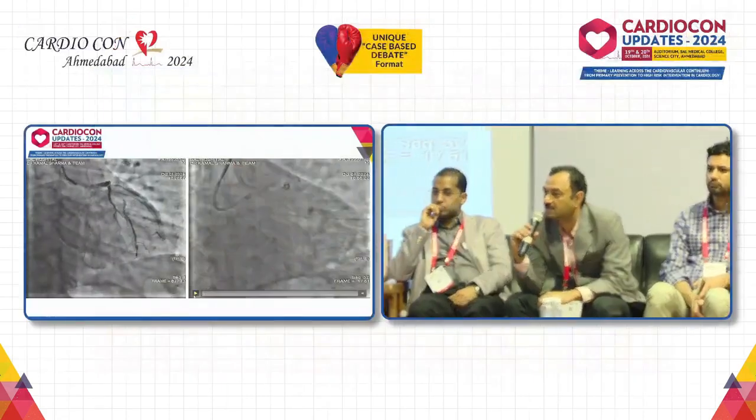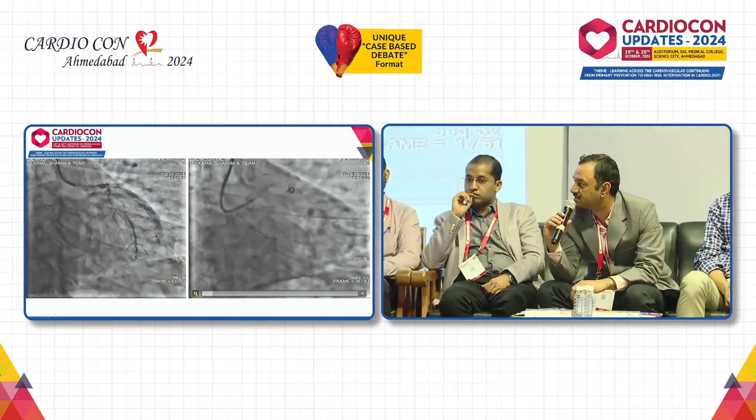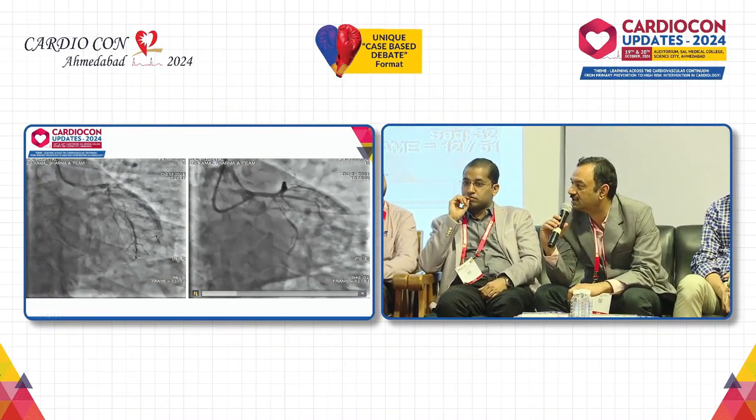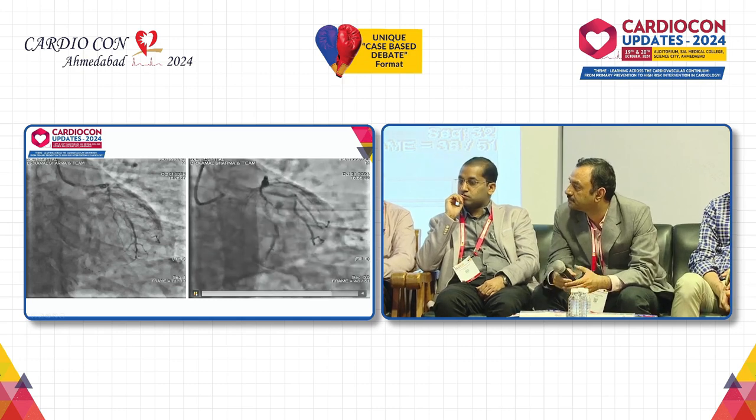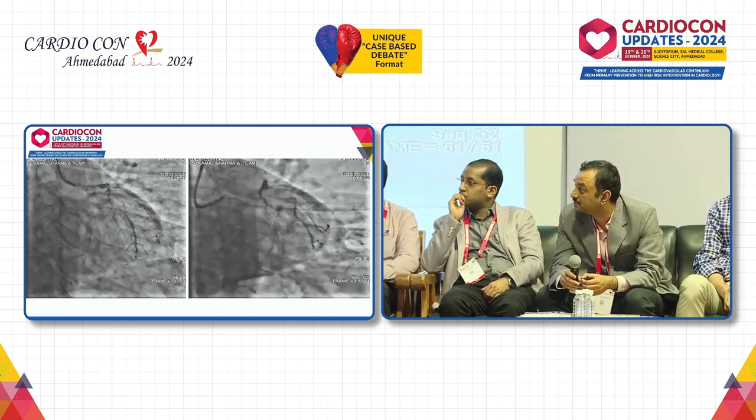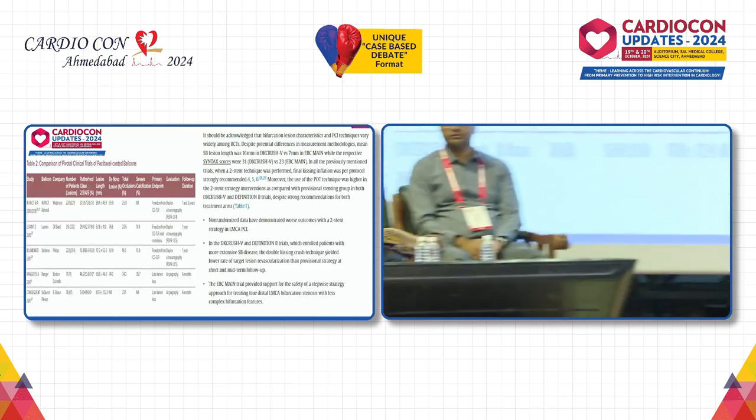Or otherwise, if the angle is more than 70 and it is an atherosclerotic lesion, then a drug-coated balloon is... No, if the angle is more than 70, I would still go with a stent. But then rather than doing a reverse crush, I would go with a T or T-tap. In which case will you use a drug-coated balloon?